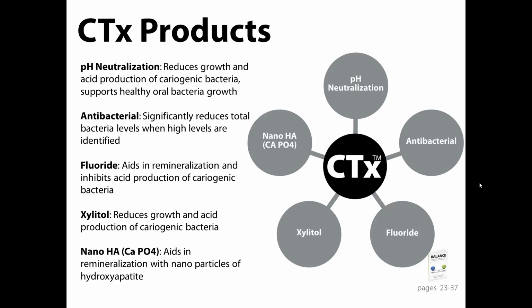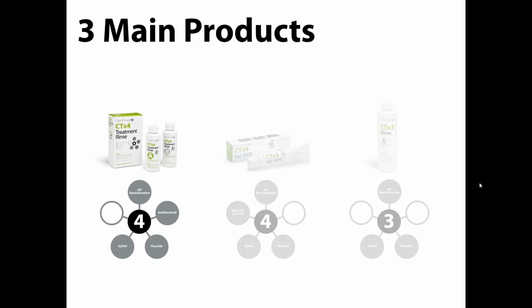For example, we often get the question, how is CariFree different from the product I'm currently using? And all you need to do is plug whatever product the patient is asking about into the CTX guide and give it a score. So you can see the 3 main products listed here with the appropriate components highlighted for each one. It's also on the packaging of the product, which makes it convenient for you and the patient.